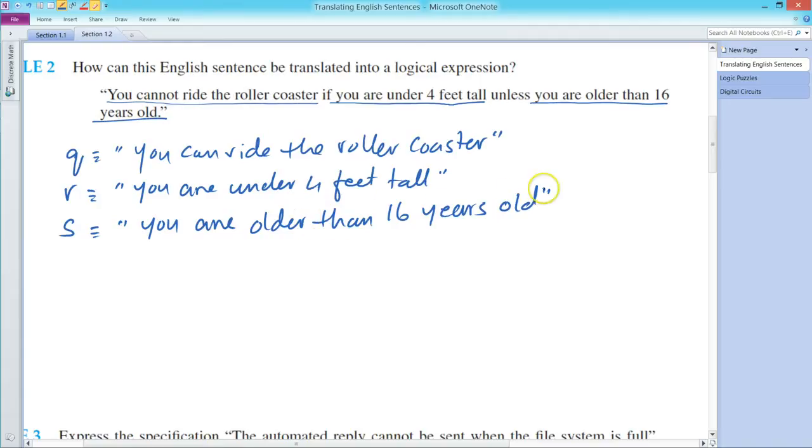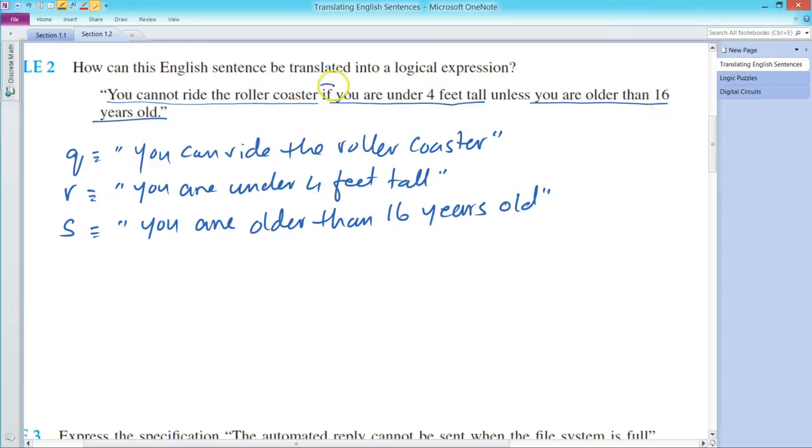So we've now identified the three components of this sentence, and we have represented them with three logical variables. Now let's see how we can construct the logical expression that represents the sentence. If you look at the sentence, let me read it again. You cannot ride the roller coaster if you are under 4 feet tall, unless you are older than 16 years old.